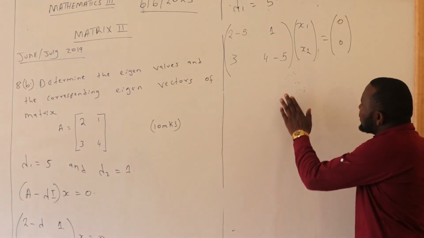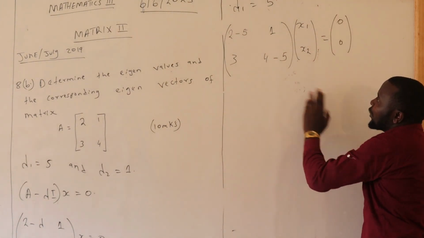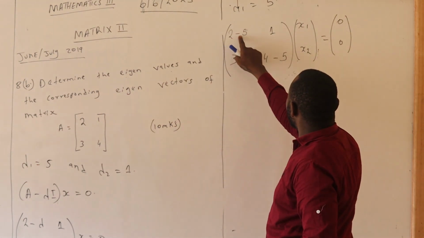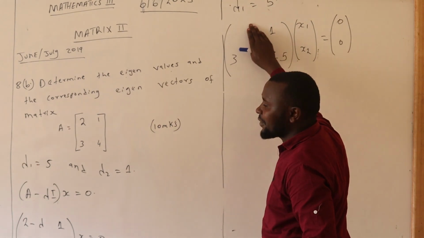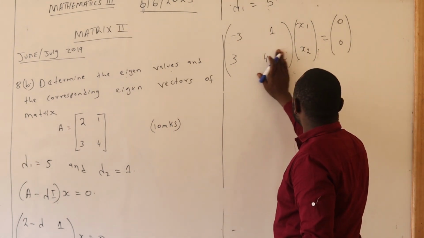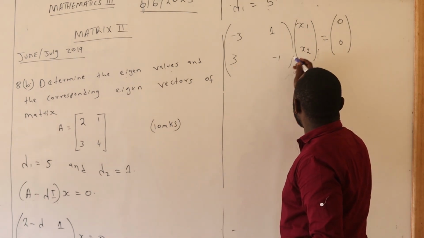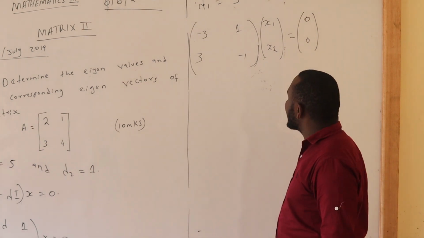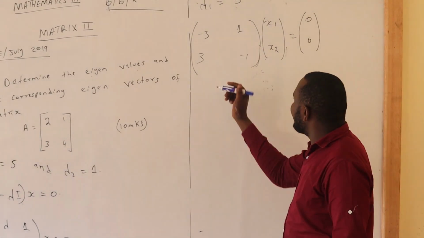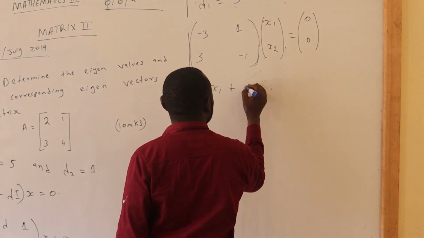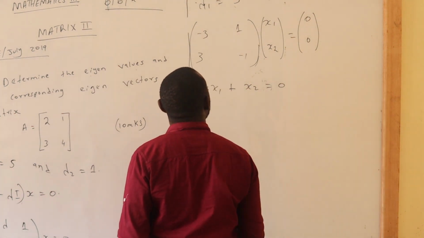Wonderful. Now let's use the matrix method to multiply this. Before that, 2 minus 5 is negative 3, so let's just write here negative 3. 4 minus 5 is negative 1. You don't waste time on that, okay? So let's multiply this using a matrix. I have negative 3x1 plus x2 is equal to 0.